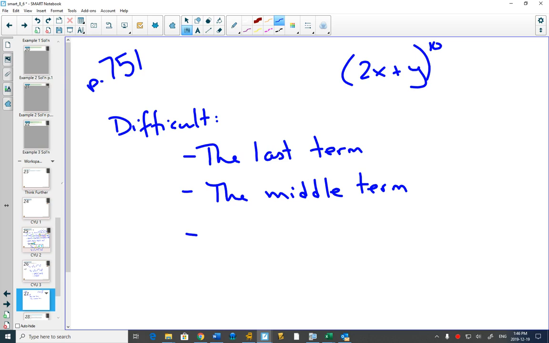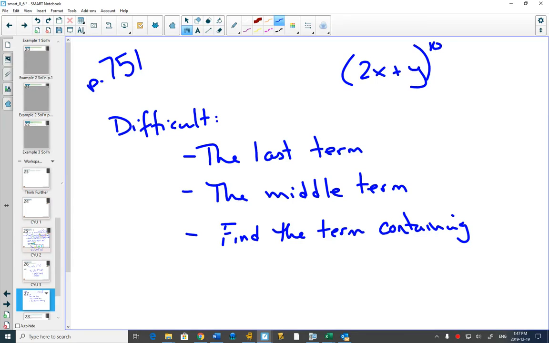And then there's ones that say find the term containing. And that's what we're going to look at next. If you do an expansion of this, one of the terms has an x to the 7. Which one is it? And what does that term look like?